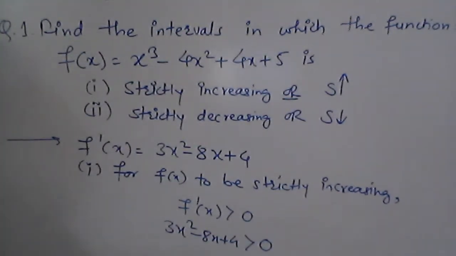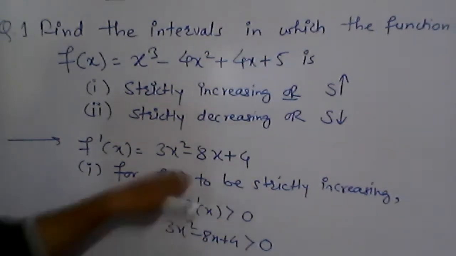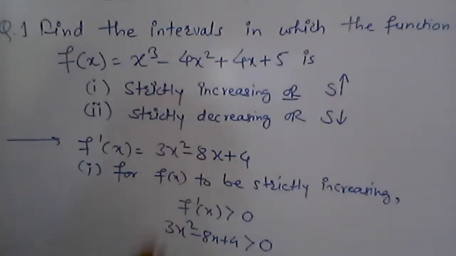Now what are the factors? Because we have to find the interval. What are the factors? 6, 2. How 6 and 2? If you have to solve them here in this table, you can do this calculation.